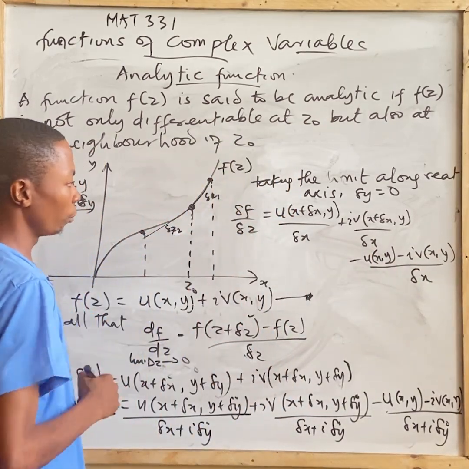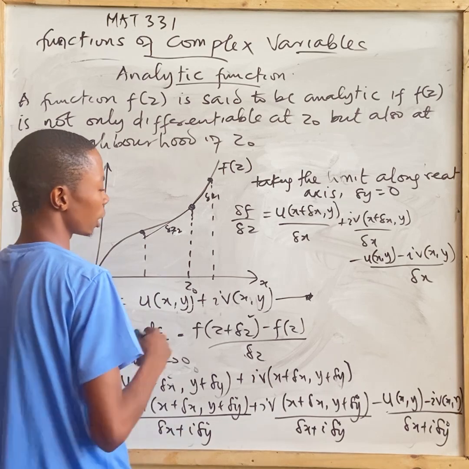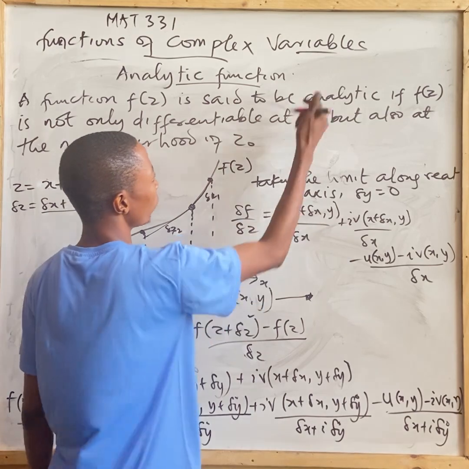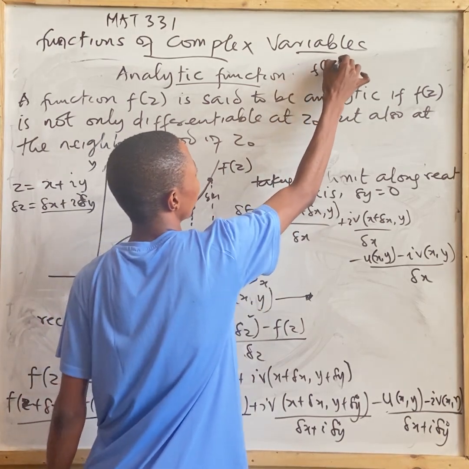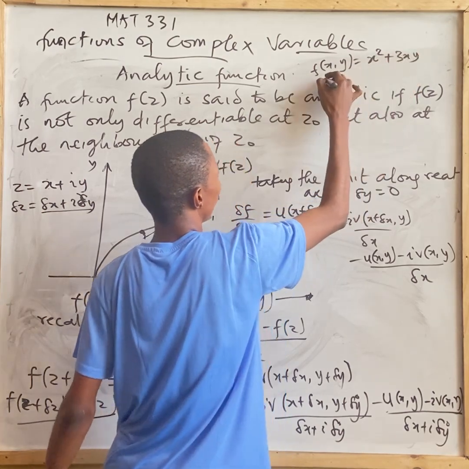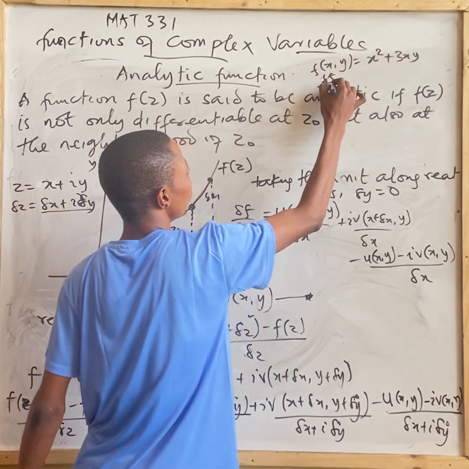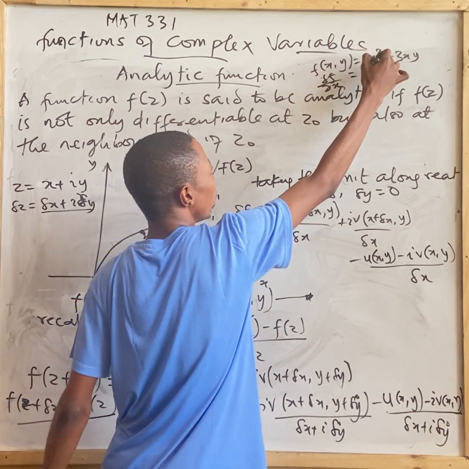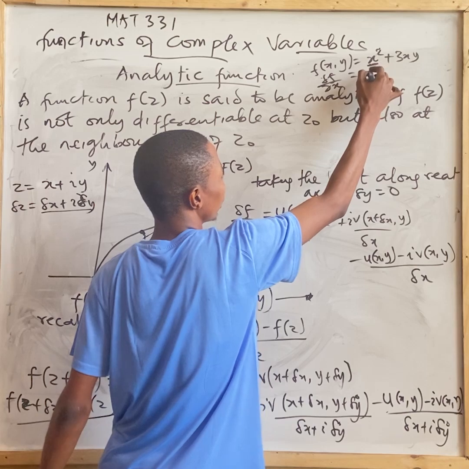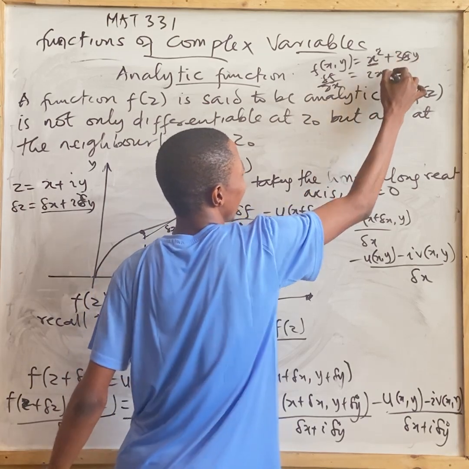So what do you observe? What is here is just like the partial derivative of u with respect to x. For example, if I have f(x,y) equals x squared plus 3xy and they ask us to differentiate f partially with respect to x, we only focus on the x variables. So differentiating x squared gives 2x, and differentiating 3xy gives 3y.